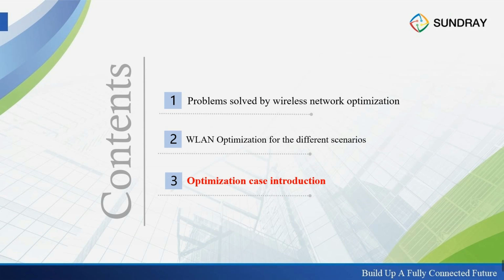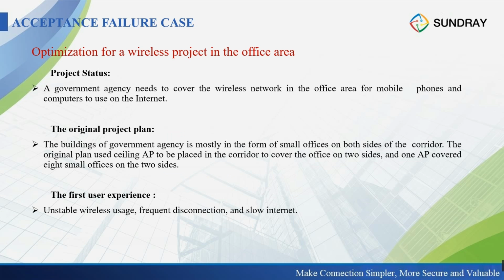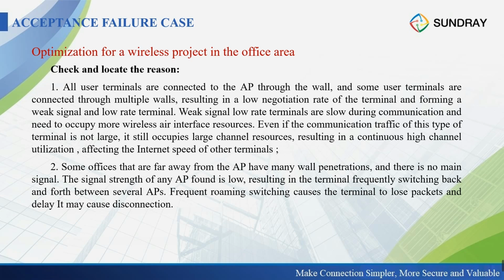The last part is the optimization case introduction. This is a project in an office area. At the beginning, according to the design, we put the APs in the corridor, and the user experience was really bad. So what was the reason for this? First one is the lower signal strength inside the office.